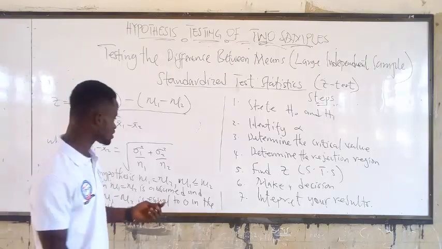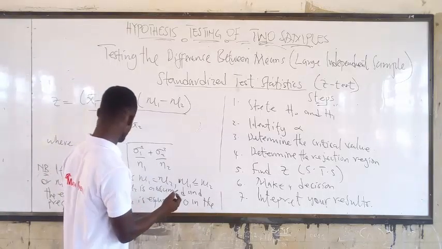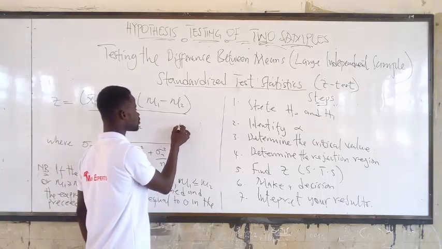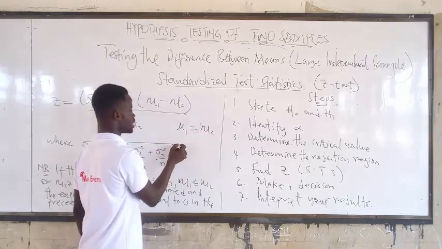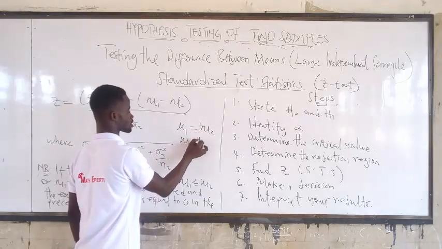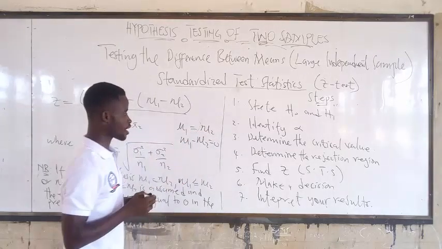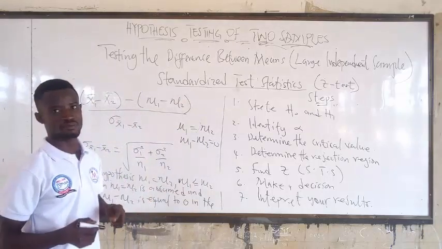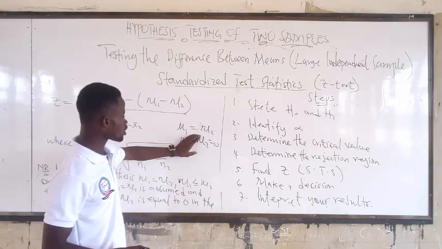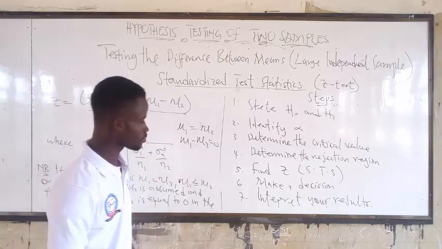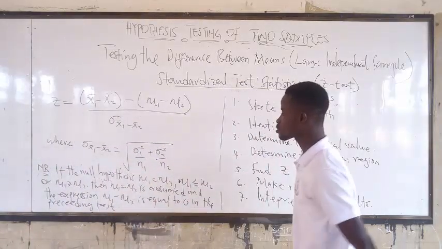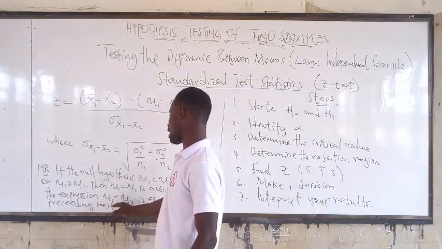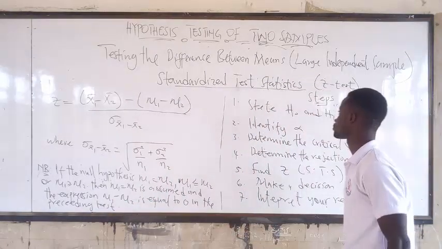All that is saying is simple. If you have mu 1 equal to mu 2, it's the same as mu 1 minus mu 2 equal to 0. So in the claim, you can write it this way or that way. They are all correct. In fact, in some books, they make it mu 1 minus mu 2 equal to 0.